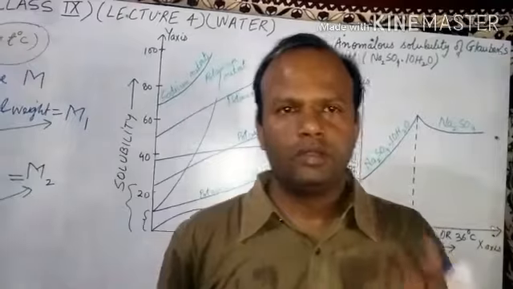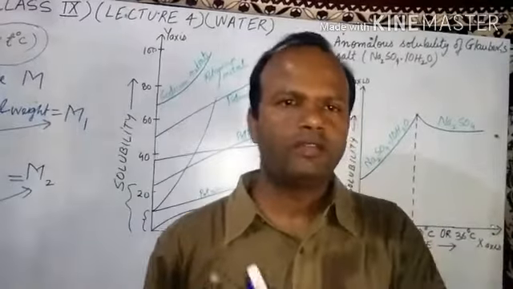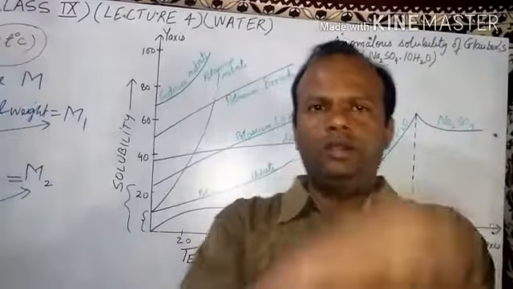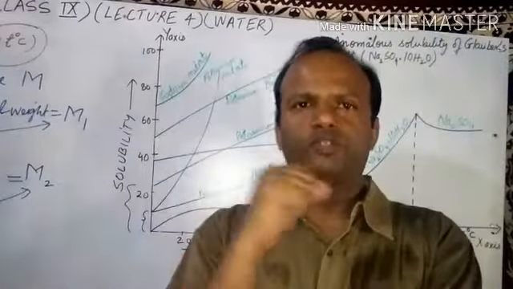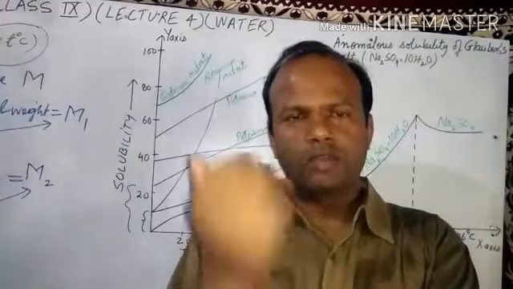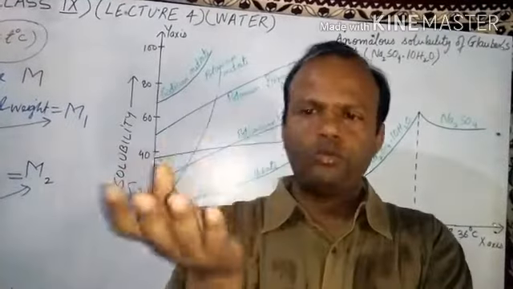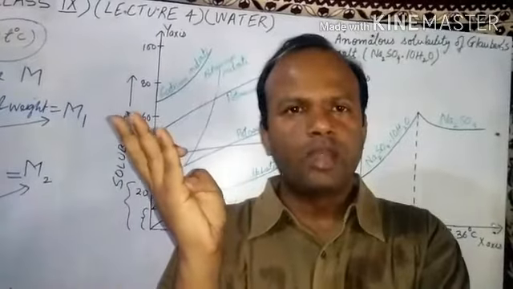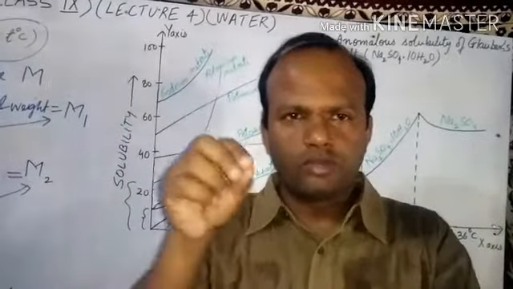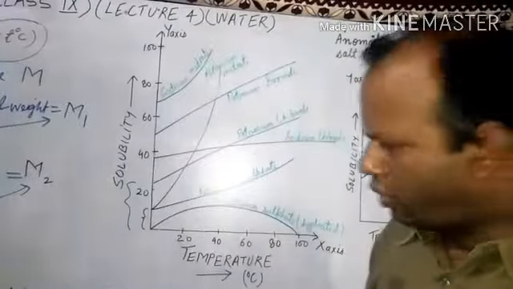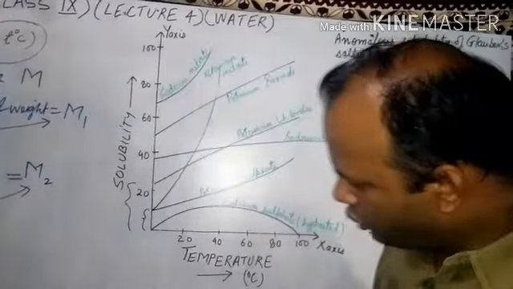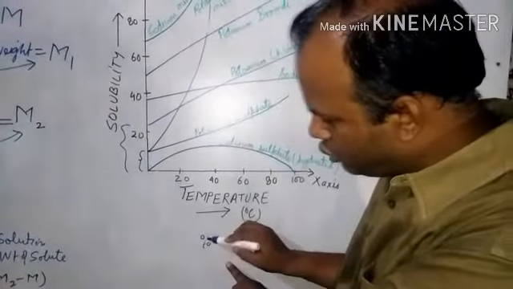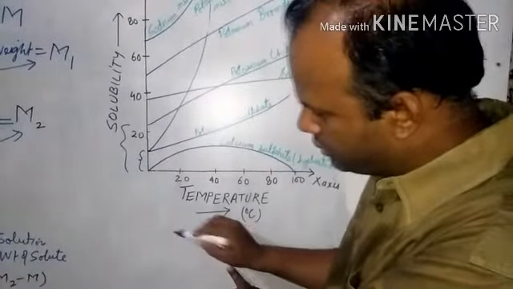And then this was all about the solubility curves. Then we have to study various factors affecting the solubility, or the factors on which solubility depends. You have studied in 8th class, and we have also discussed the size of the solid particles. The smaller the size of the solid particles, the more chance they get to be exposed to the solvent particles.